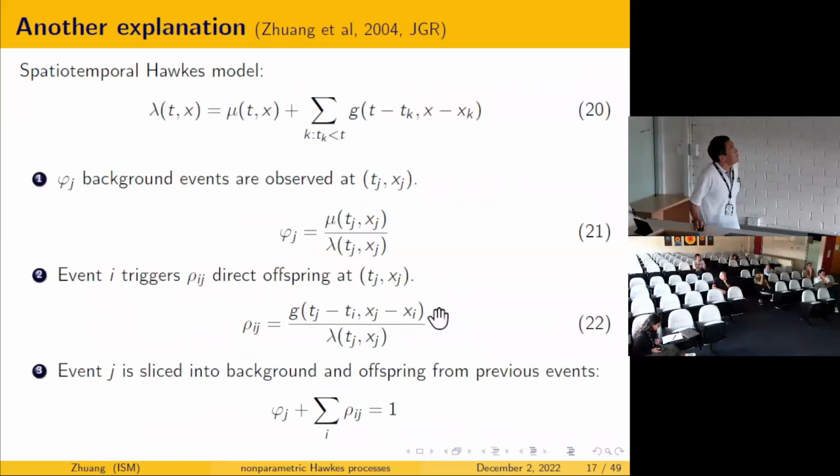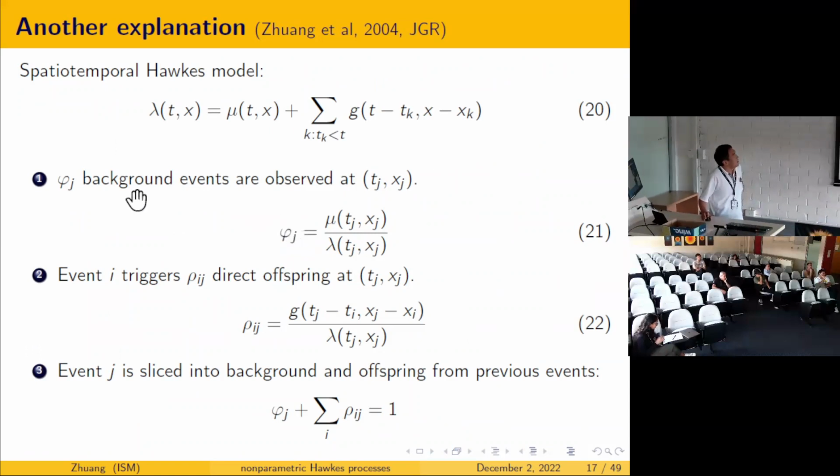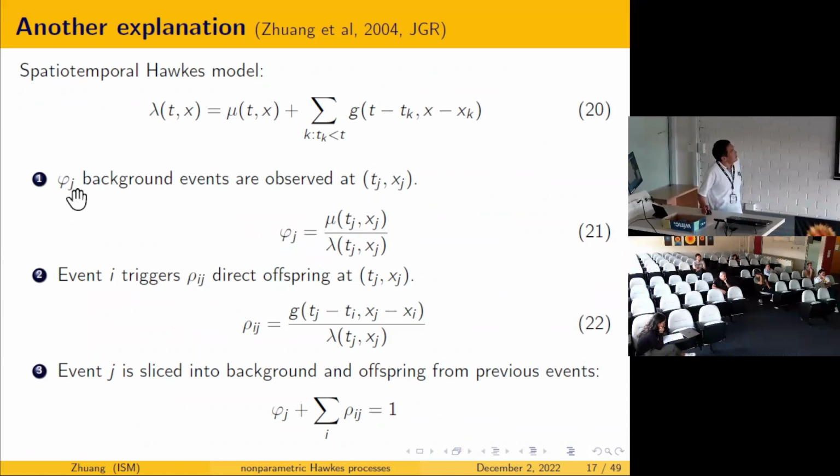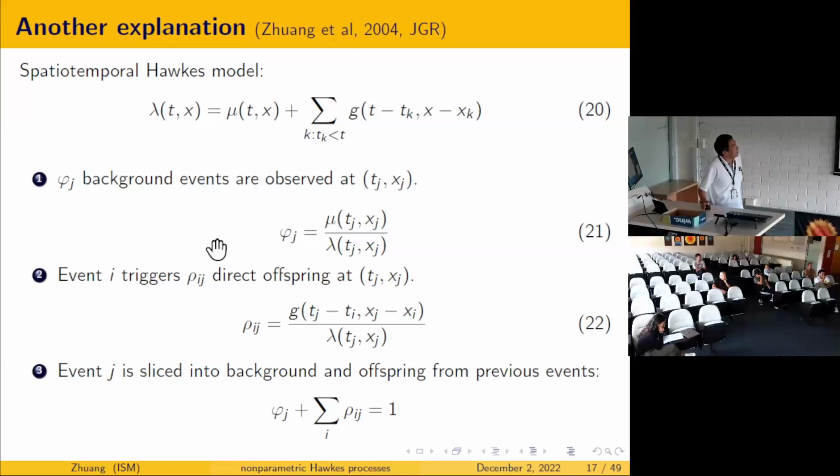So we have some other explanation of the probability. If we look at this phi_j here, we can say there are this many background events observed at this location. And if we see rho_ij here, we can say event i triggers this number of direct offspring at this time and location.